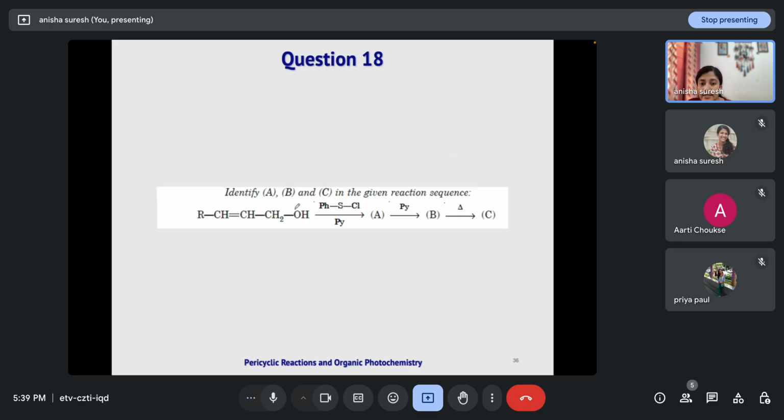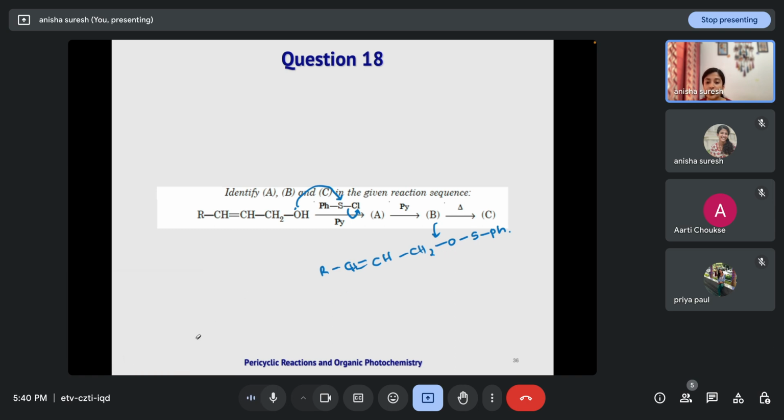So first, this alcohol will attack on this sulfur, leading to removal of Cl, that is a nucleophilic substitution reaction, and in the presence of pyridine this H plus will be removed, giving the B, which is CH2OSPh. Okay, so this will be B and A will be this one. Fine.